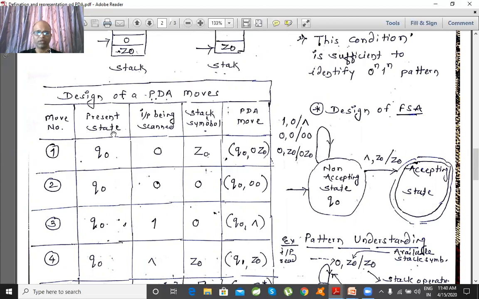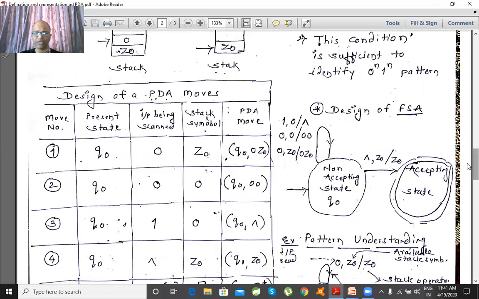So we'll look at what elements are present in the design of PDA moves. We have the number of moves recognized by this PDA: what is my present state, what input I am reading, and what stack symbol is available at that time, and based on this information how my PDA acts or reacts, which is specified as a single move of my machine.